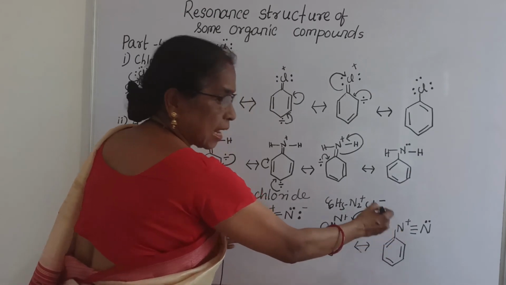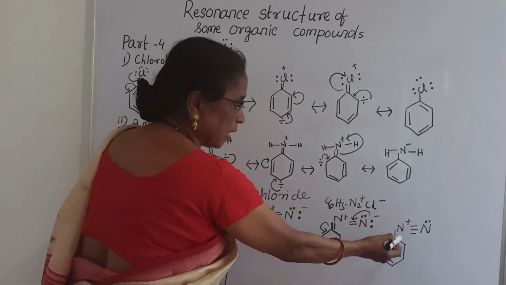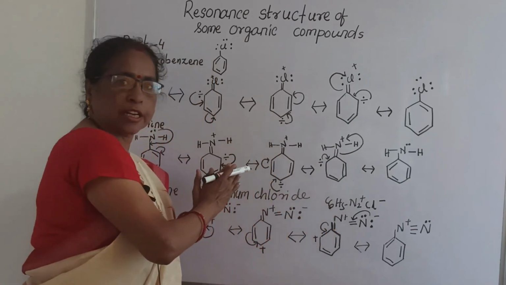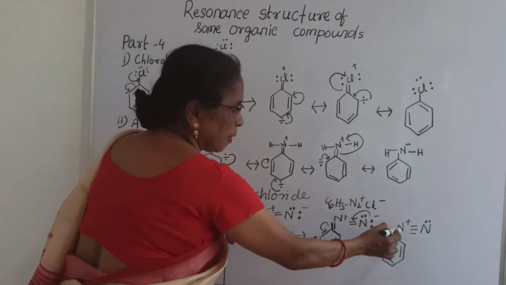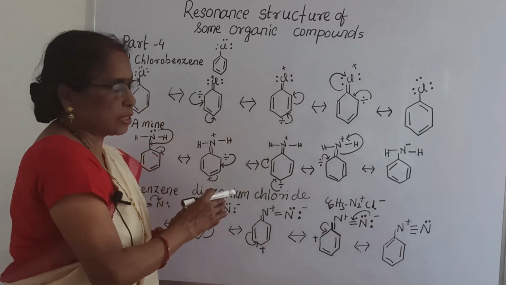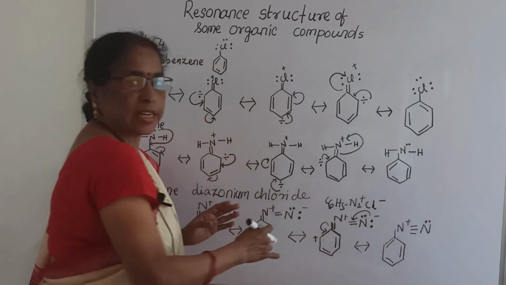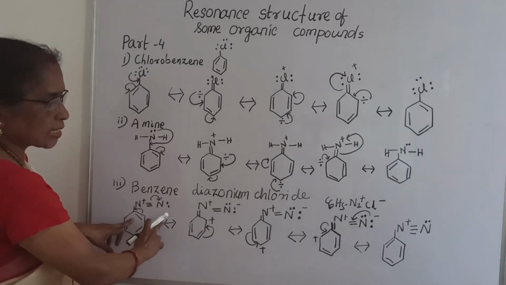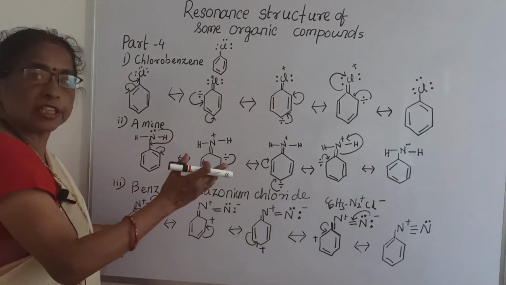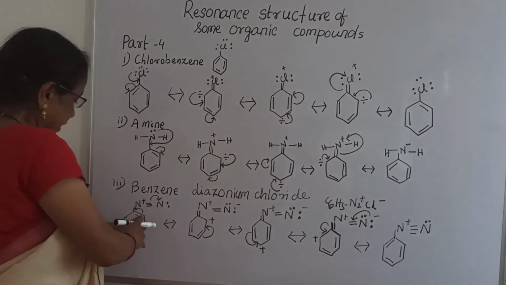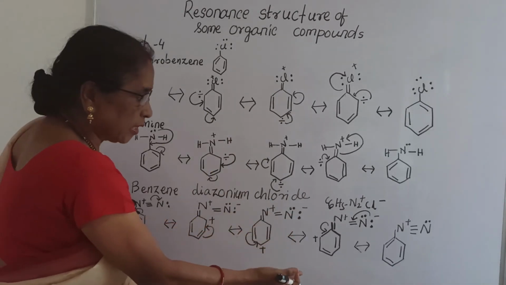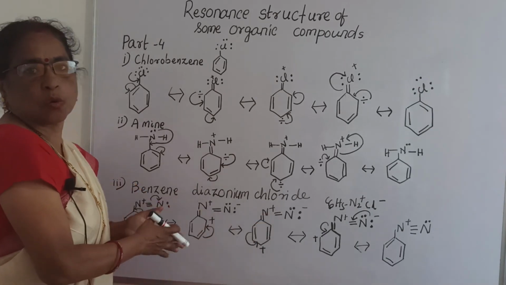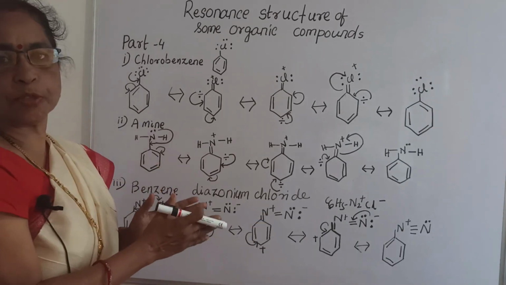That means in the last case there are three bonds, that is a triple bond between one nitrogen and the other, the first nitrogen containing a positive charge and the next nitrogen containing a lone pair of electrons. Now you can observe that in the first case and the last case only the alternate double bonds are different, one is the Kekulé structure of the other. Here the ortho and para positions are occupying positive charge.